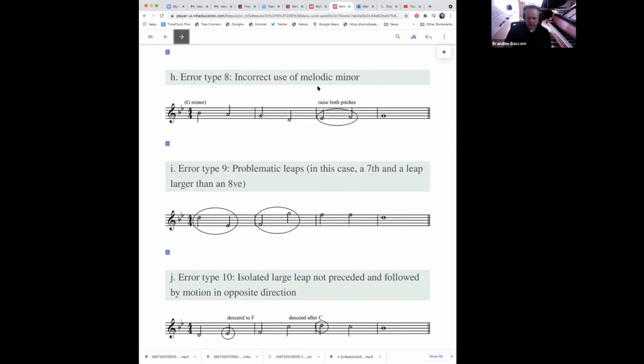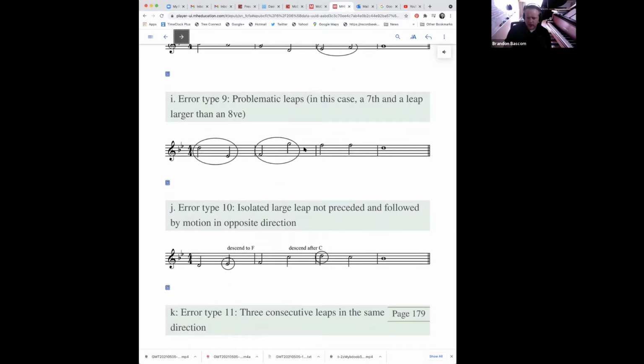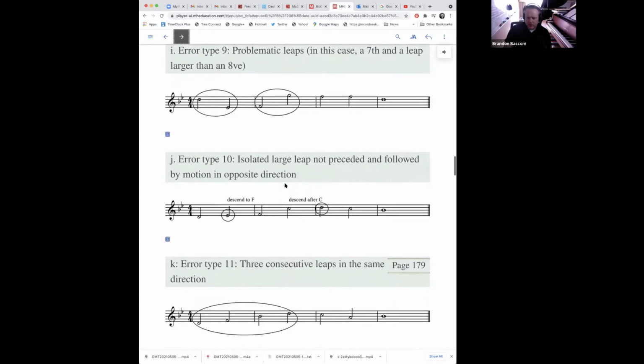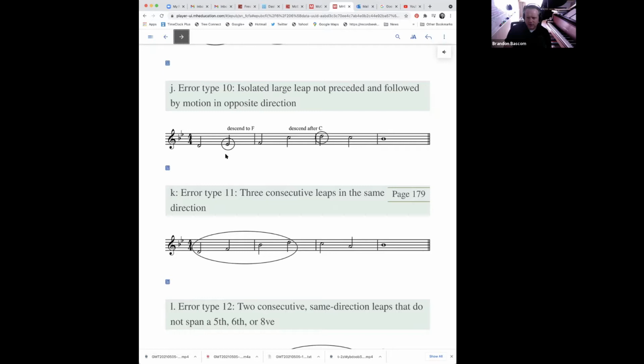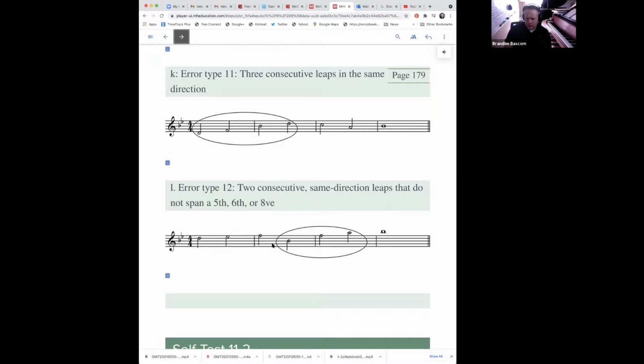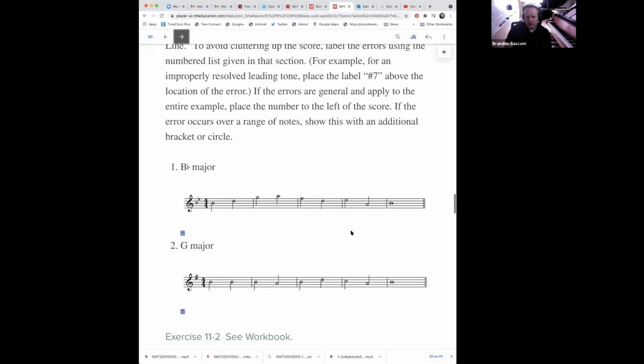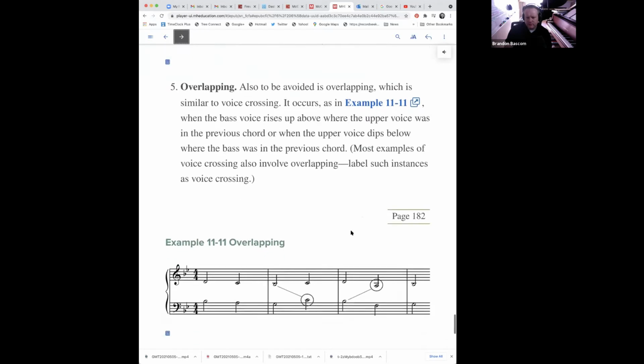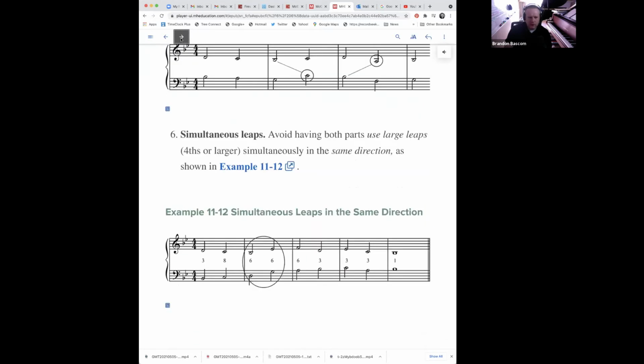We didn't use melodic minor. We had bad leaps and we didn't treat them right. Isolated leap, not followed by the opposite direction. 3 leaps in a row, all in the same direction. 2 consecutive leaps in the same direction that do not span a 5th, 6th, or octave. So that was that. Are we all right with that?